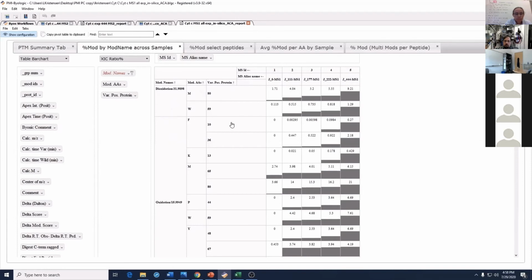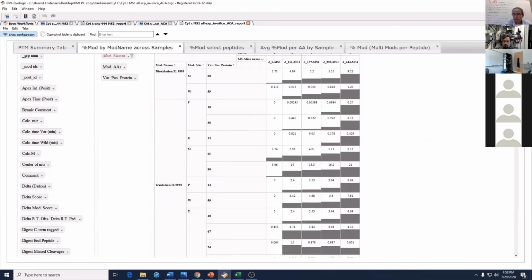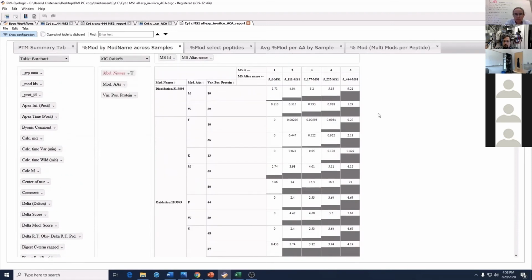And we are also looking at the specific residue modification in terms of the position number and the amino acid that has been modified. And if we could just quickly take a look at the data here, we see a general trend that as the exposure time increases, we see an increase in oxidation as expected.